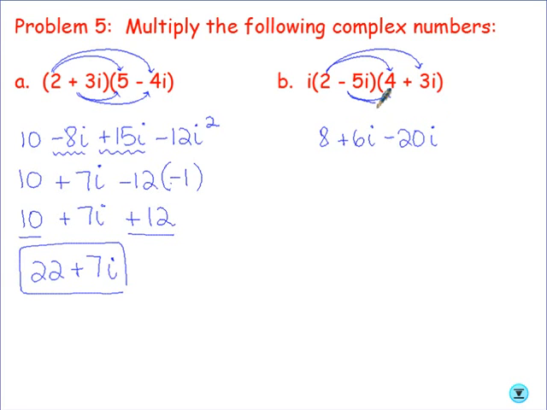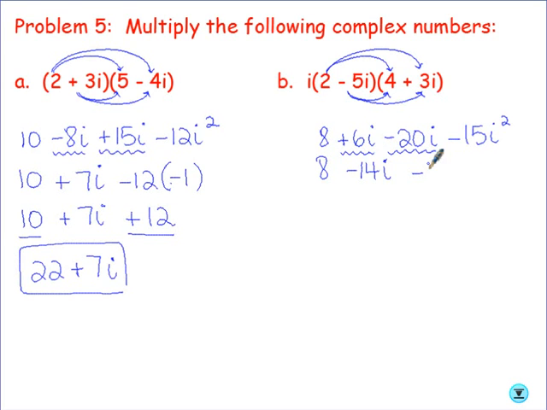Negative 5i times 3i is negative 15i squared. We are still ignoring that i. Keep going. Keep the 8, positive 6i and negative 20i make negative 14i.